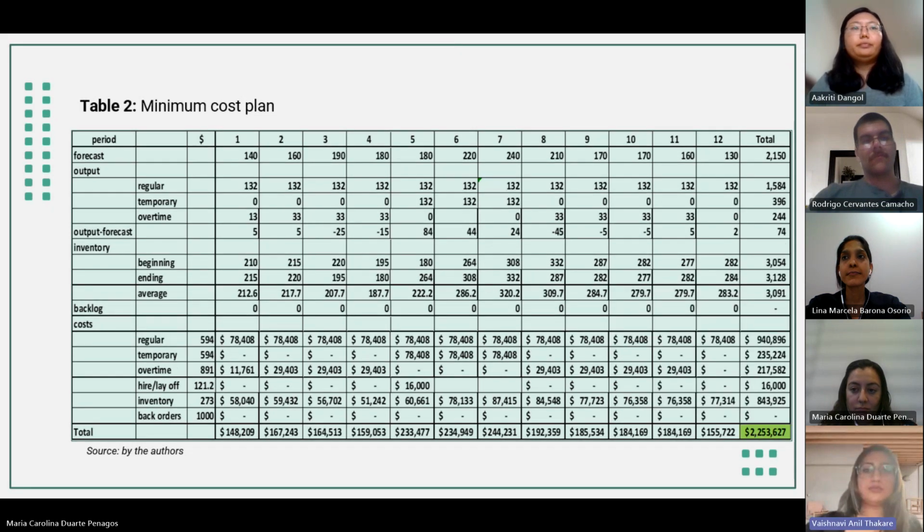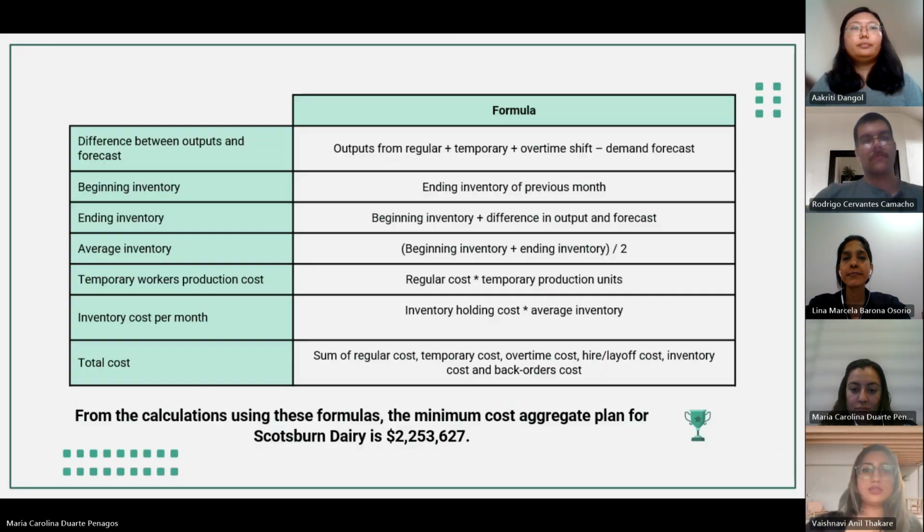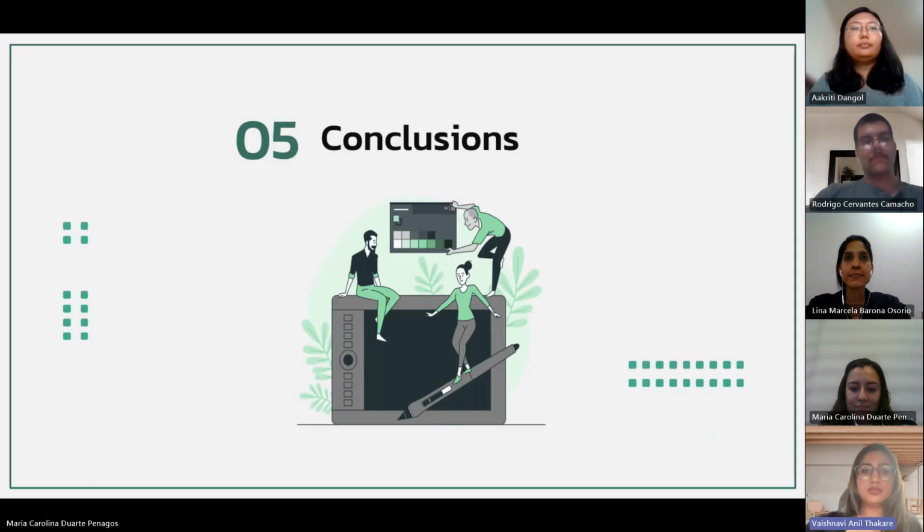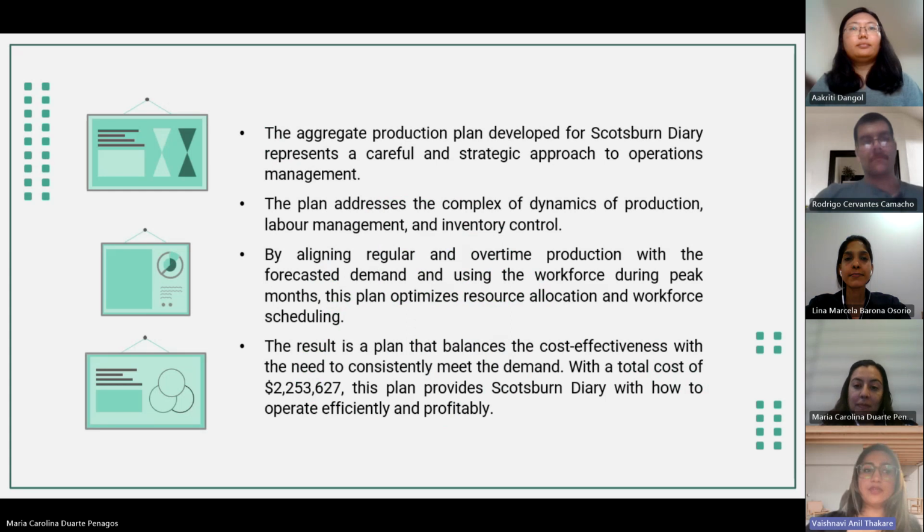Yes. So, in conclusion, the aggregate production plan we've developed for Scotsburn Dairy is a smart and strategic way to manage their operations.